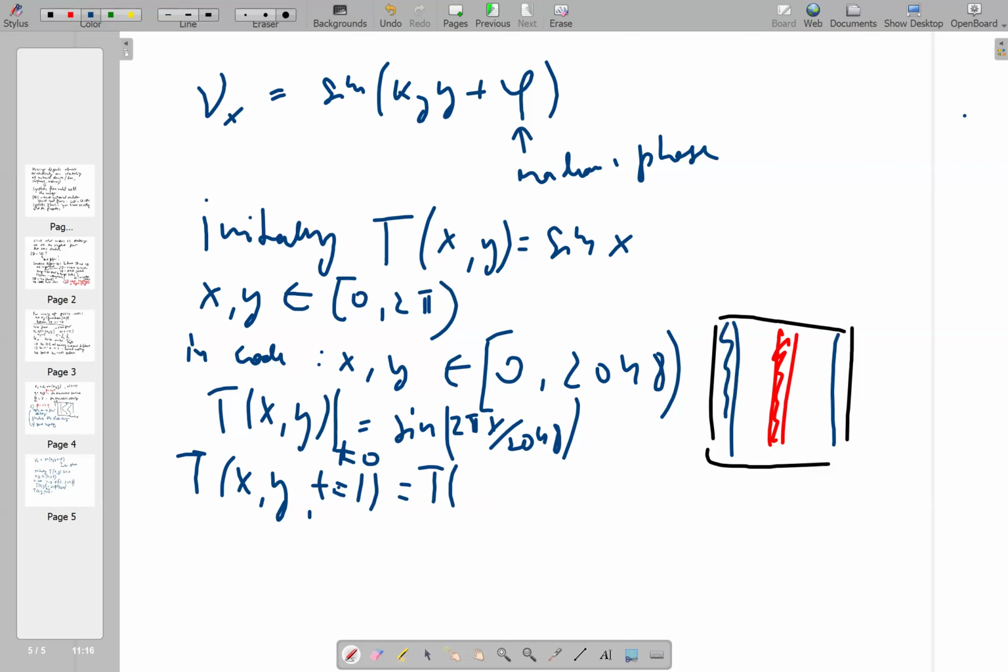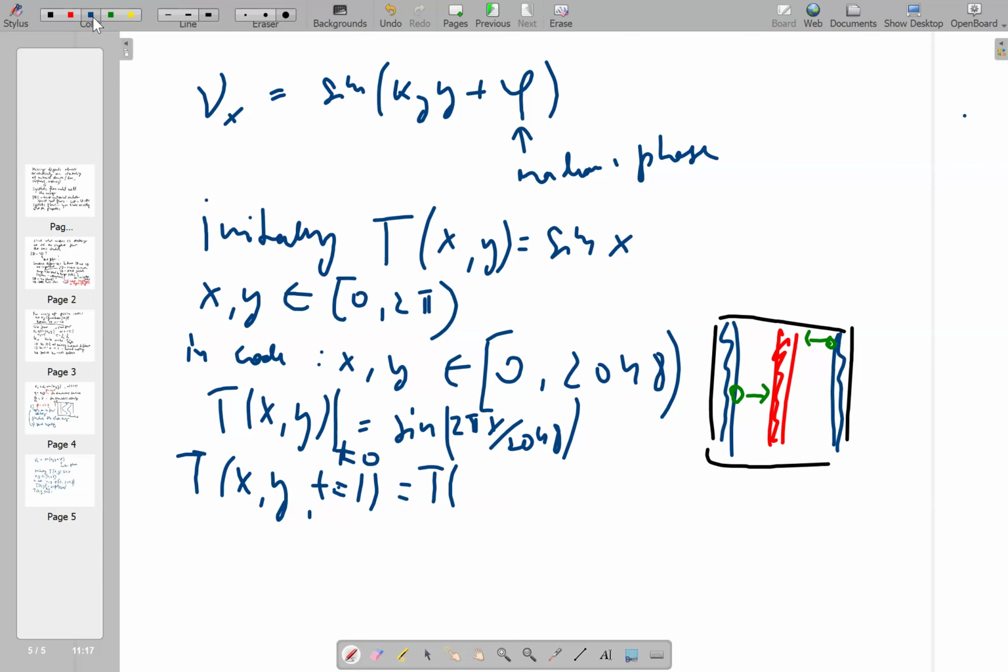Let us say we take pixel values from here and move them somewhere here, and a pixel from here moves to here. You remember it's a sinusoidal function. So now we take the old T values along the x axis from different points depending on y.